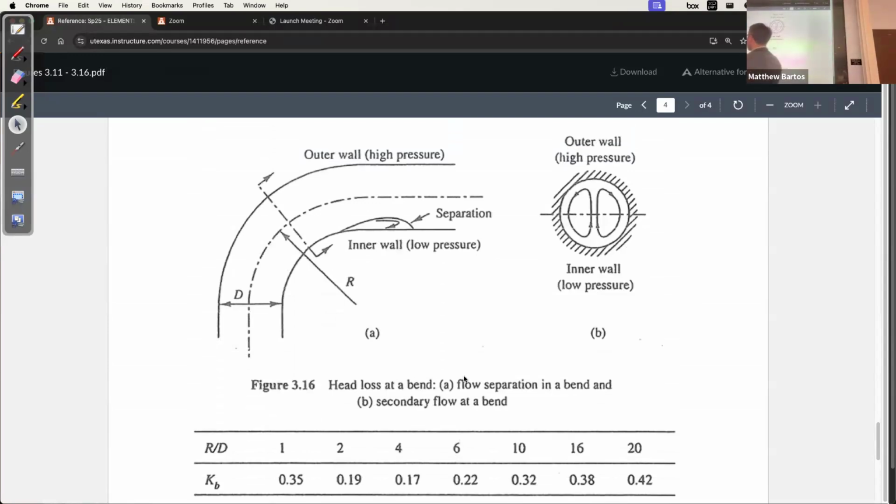So again, it depends on the ratio of the radius of the turn to the diameter of the pipe, and it can range, depending on that ratio, kind of in an unpredictable way. So you'll notice that it actually decreases at first and then starts increasing again. So generally, this is something you'll have to look up in a table.